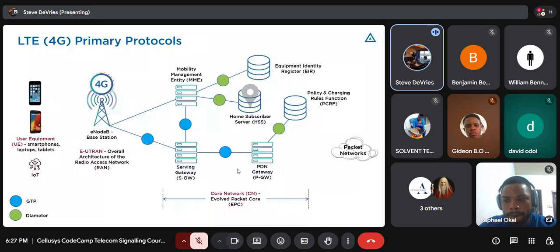The other protocol is GTP, GPRS tunneling protocol. User tunnels are built from here to here to access the outside network. This is GTP, but it's just the control part of GTP. GPRS tunneling protocol is made up of control plane and user plane. The user plane is the actual data tunnel.